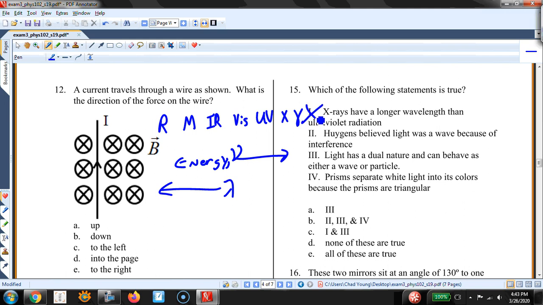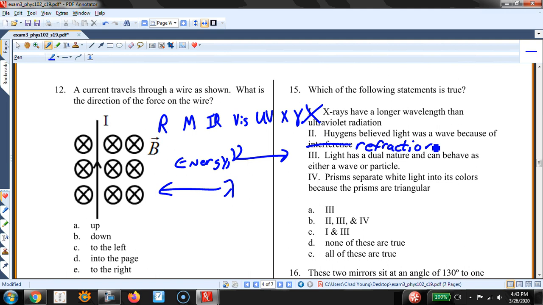Huygens believed light was a wave because of interference. He believed light was a wave, but only because of refraction. In fact, they didn't really know about interference in his day. Light has a dual nature and can behave either as a wave or a particle. Aha! So Newton had incontrovertible evidence that light was a particle because of the photoelectric effect.